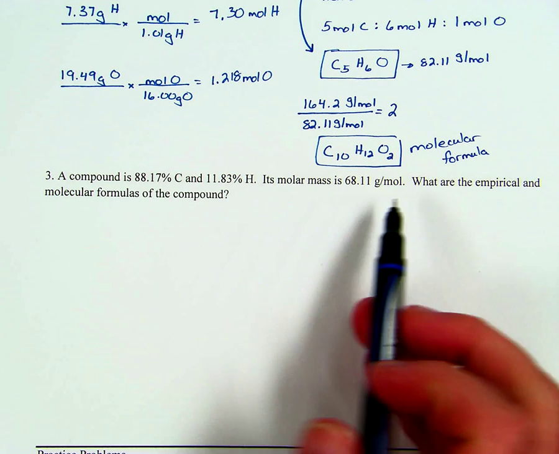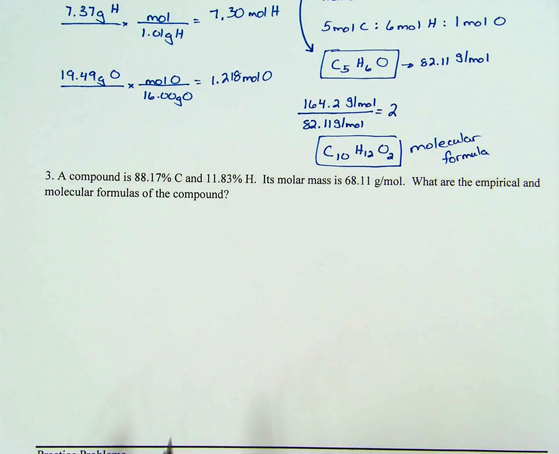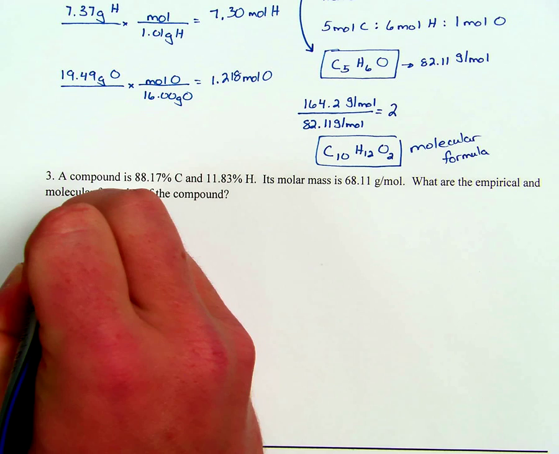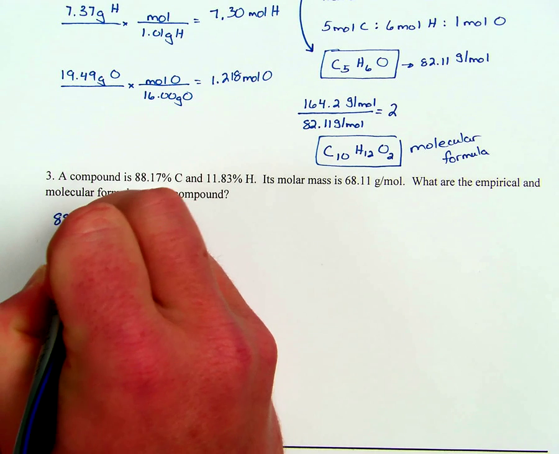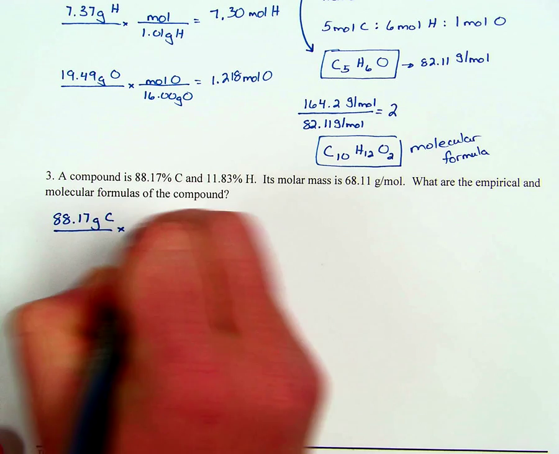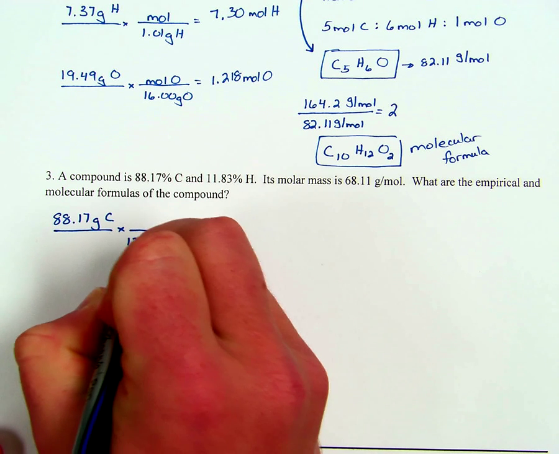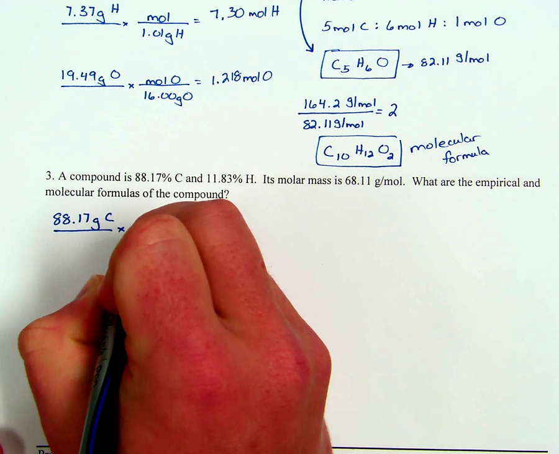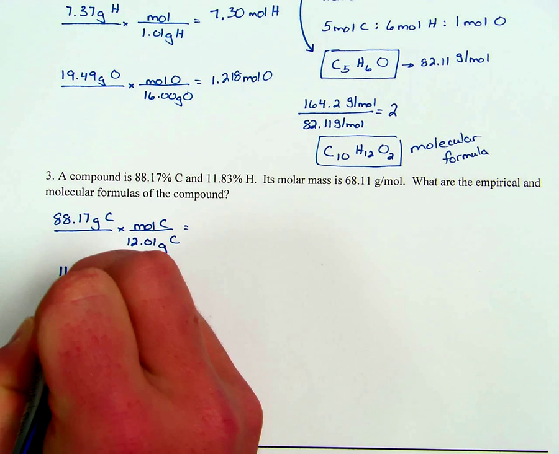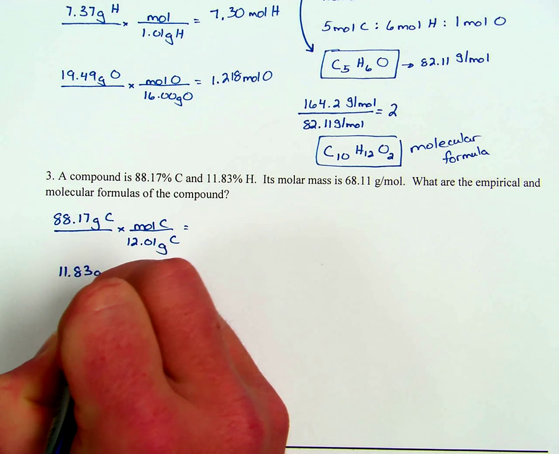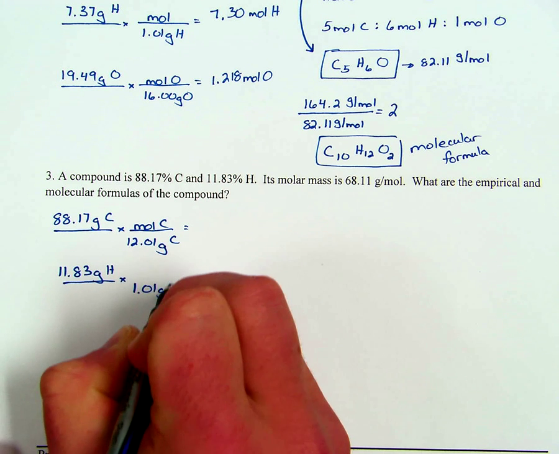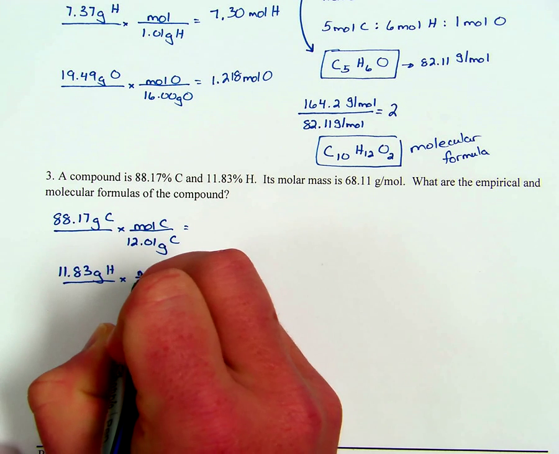formulas. So our first step, we're just going to convert those masses, or in this case percent, but we can just call them masses, into moles. So this is just a gram to mole conversion. Alright, so let's just figure out what those are here.